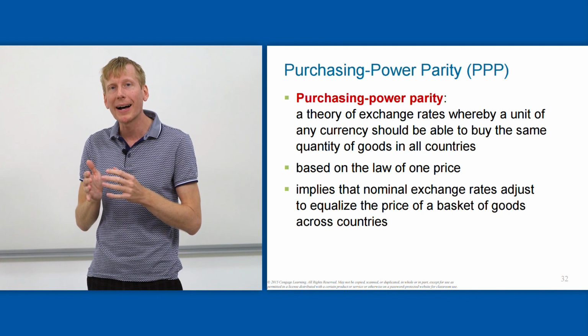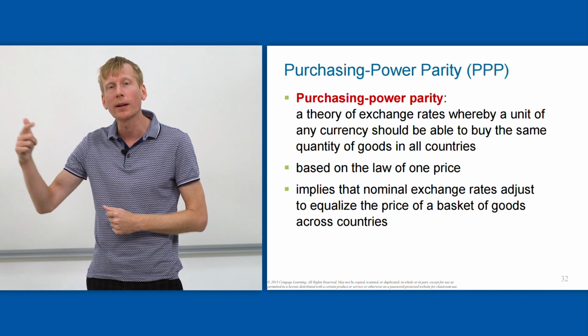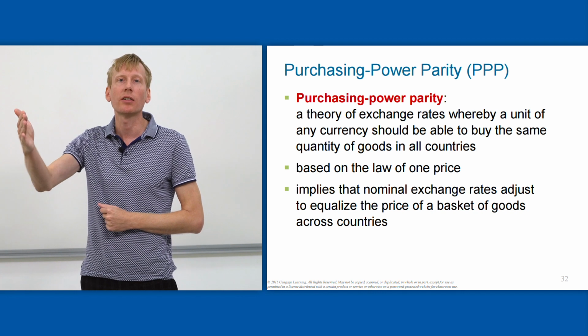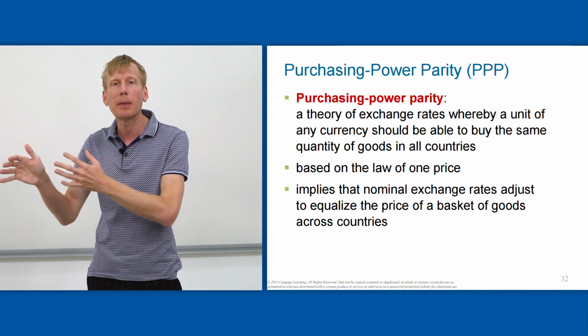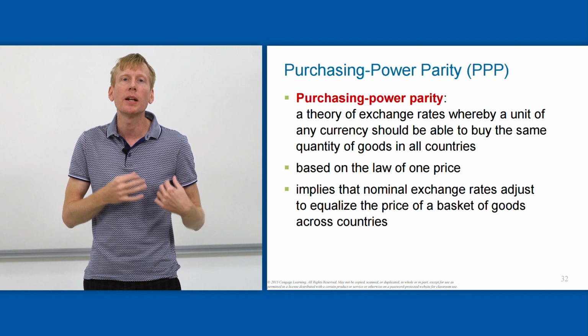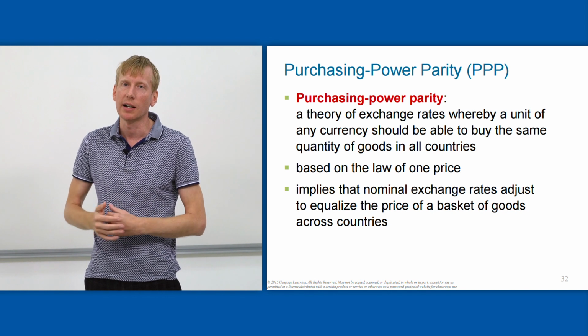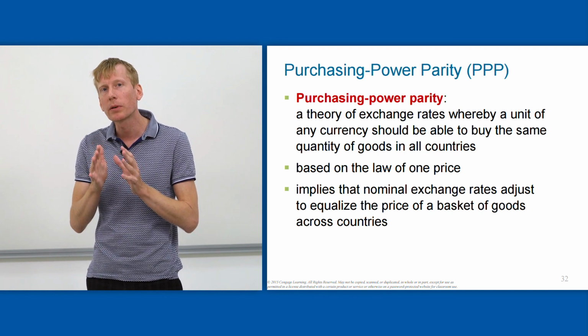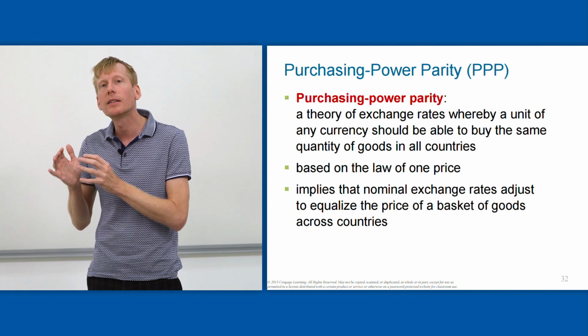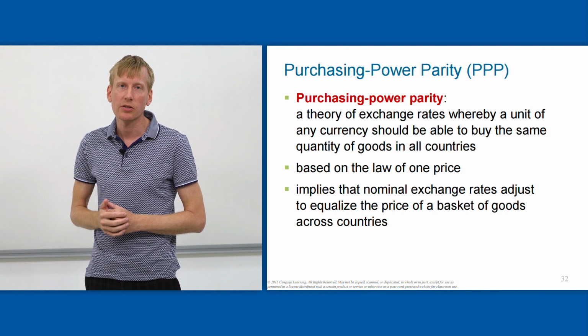Then we should be able to buy the same amount of stuff by going to any country, exchanging our dollars for local currency, and buying things in that country as we would have been able to buy in the United States with those dollars. That's the idea of purchasing power parity, determining nominal exchange rates.